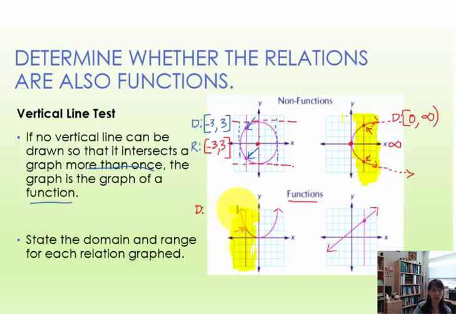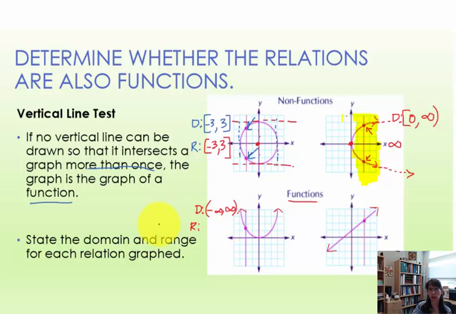So that means it's going forever to the left. As this parabola opens wider and wider, it will go to negative infinity. And to the right of the axis, this is where x values are positive. Again, we've got this arrow, so it means the parabola is opening wider and wider to positive infinity. So the domain would be from negative infinity to positive infinity. Any x value, any real number for x, is the domain.